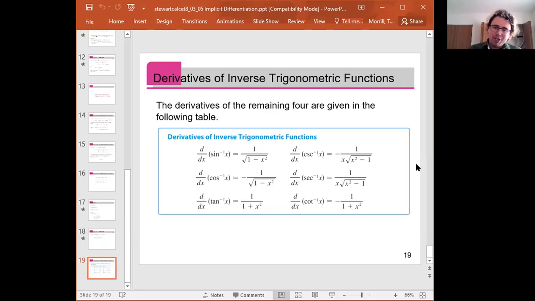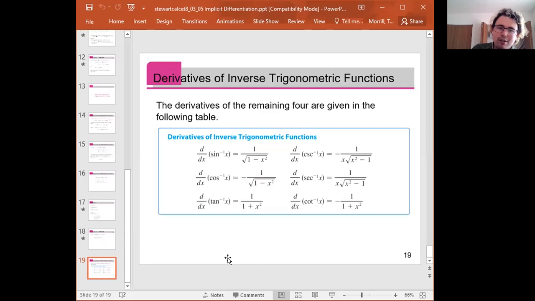So all of these formulas come from the very same idea. They are all inverse functions. So each of them I can calculate using the implicit differentiation trick. But that would make for a very long and tedious lecture, so I'm skipping straight to here are the formulas.